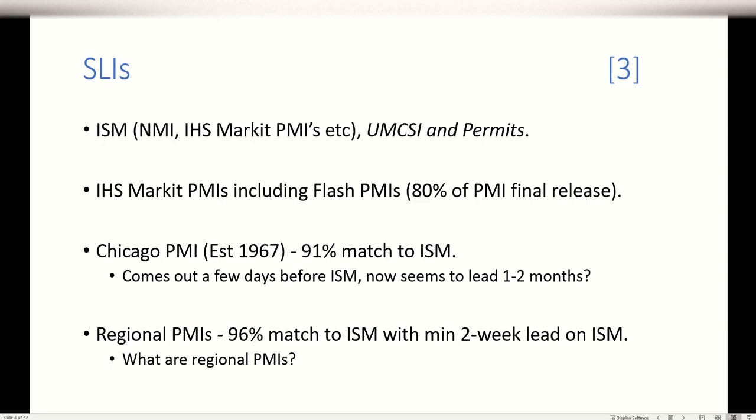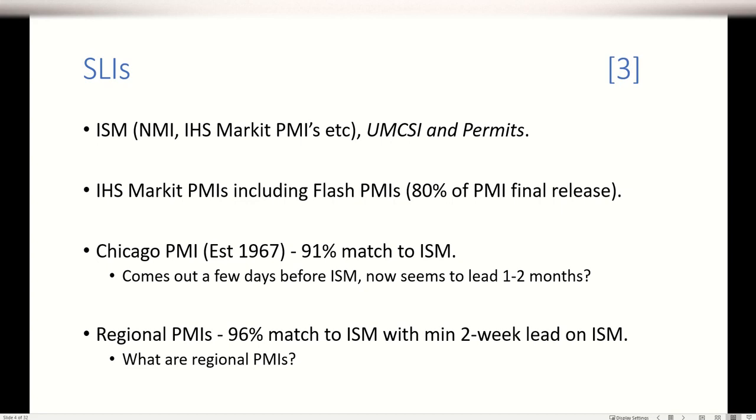So what is an SLI? A short-term leading indicator. These are loosely those PMIs that we've heard of, ISM, NMI, IHS Markit PMIs. To a certain degree, permits and sentiment, but those are, I would say, a bit longer leading. And then you've got the IHS PMIs, including the flash PMIs, if you haven't heard of them.